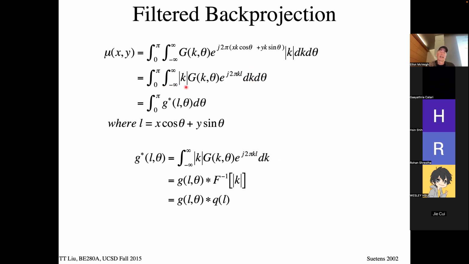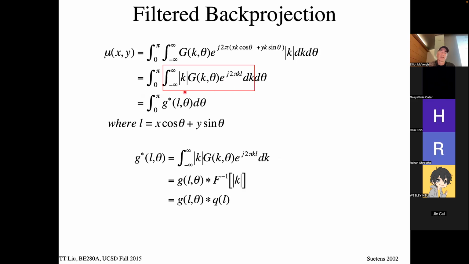This looks like the inverse Fourier transform of a product, and the product is k times the Fourier transform of our object, or of g_L theta, which is this big G of k, theta. So we can perform that.